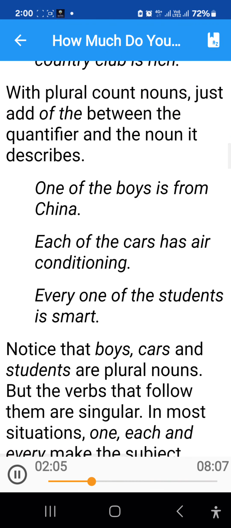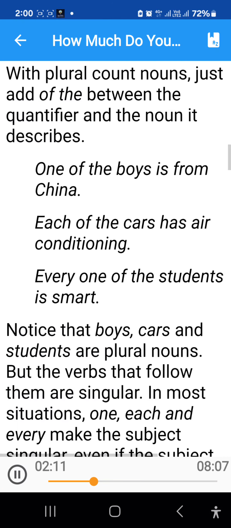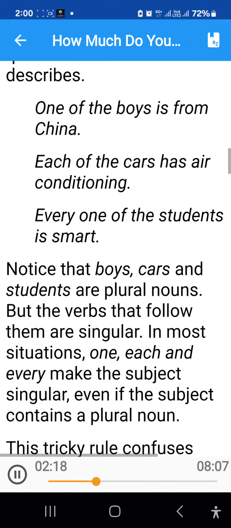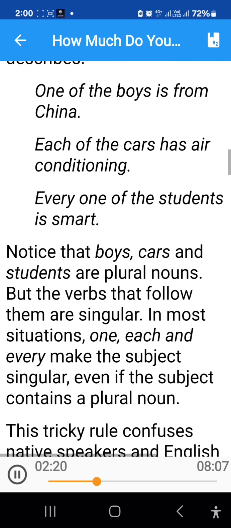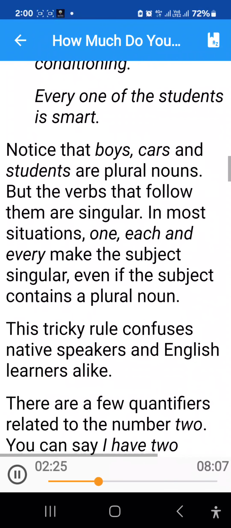With plural count nouns, just add of the between the quantifier and the noun it describes. One of the boys is from China. Each of the cars has air conditioning. Every one of the students is smart.